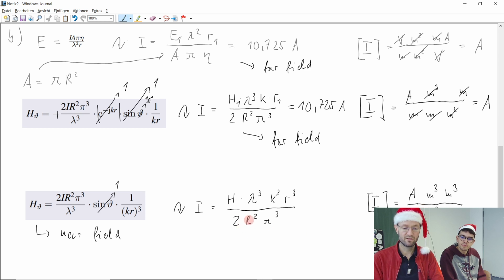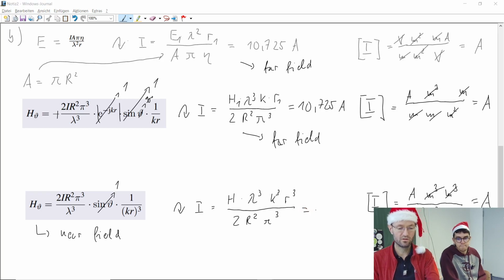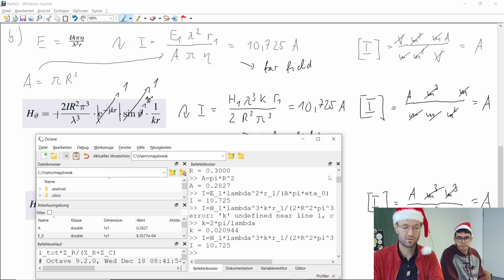And we have another meter squared from the radius. And so all the meters, you can check the exponents, they will all cancel each other. We just get ampere, which perfectly makes sense. And the remaining calculation I can do in Octave.